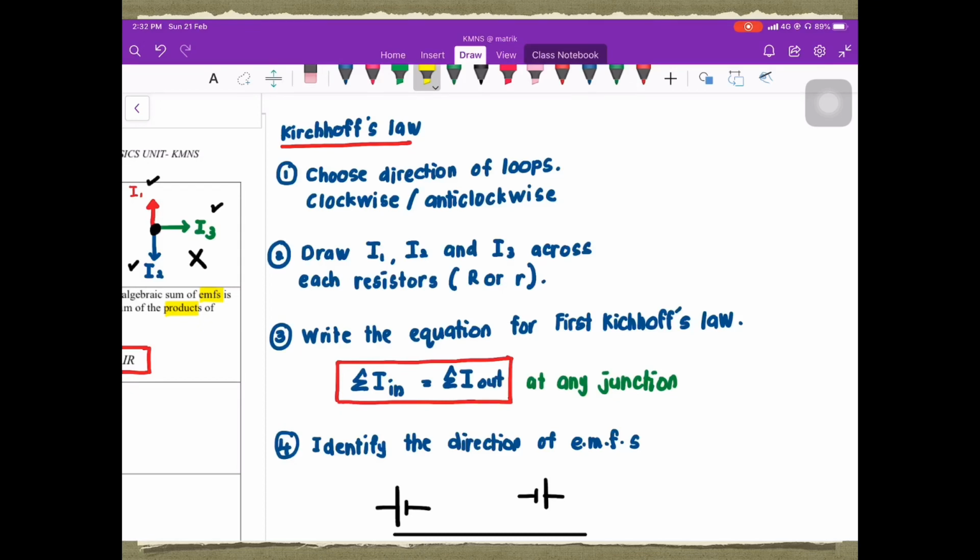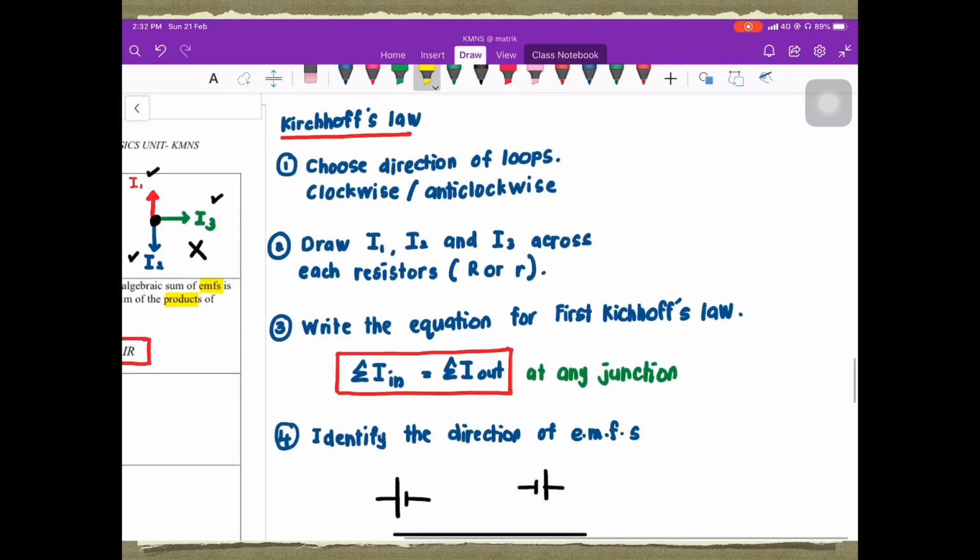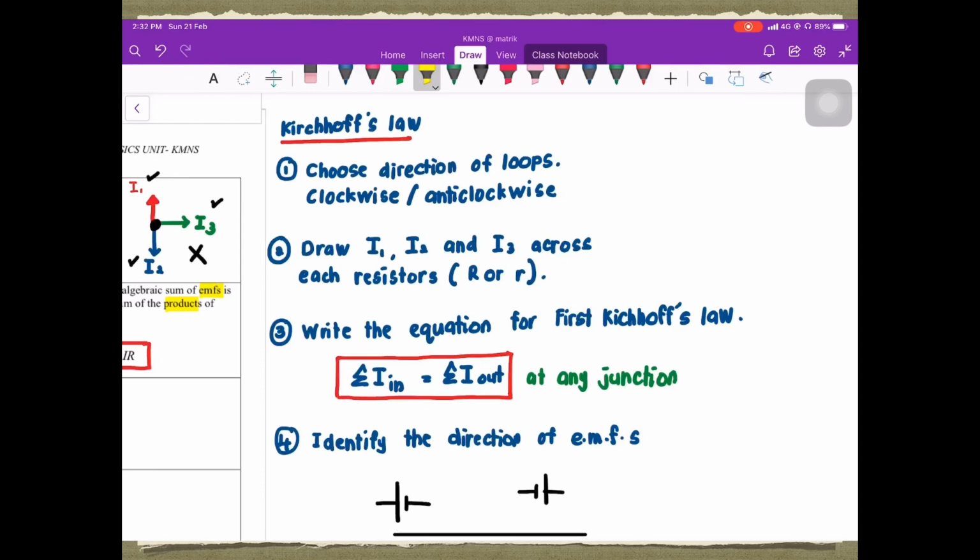Next, these are the steps to solve Kirchhoff's law equations. Step 1: choose the direction of the loop. You can choose either clockwise or anti-clockwise. Step 2: draw I1, I2 and I3 across each resistor.